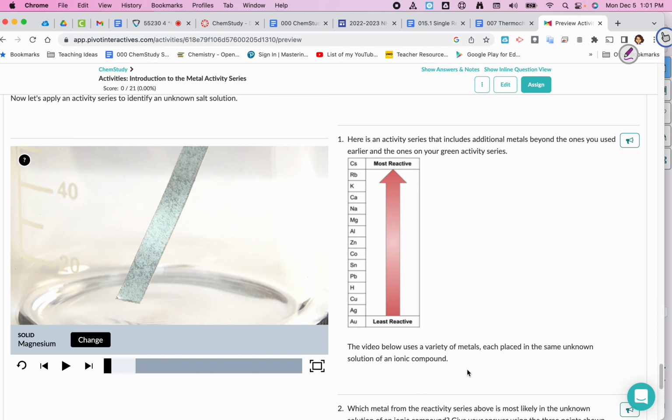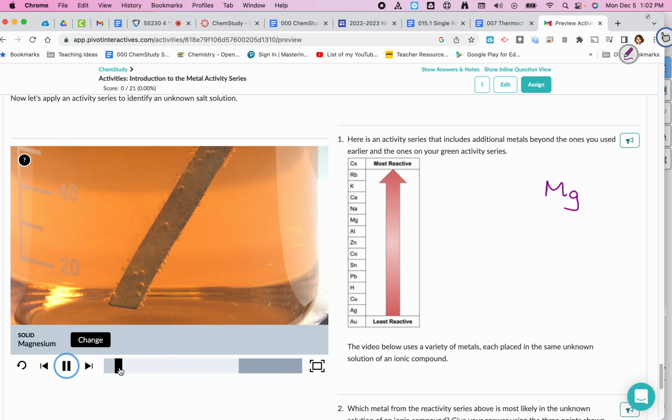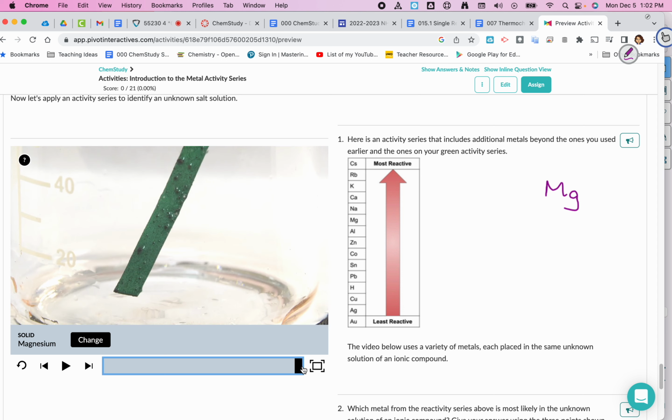So since magnesium is, of all the metals we have, at the top, I'm going to stick the magnesium right there for a second. Now I'm going to react mystery metal solution with the magnesium. And if we fast forward, we can see that mystery metal reacts with magnesium.